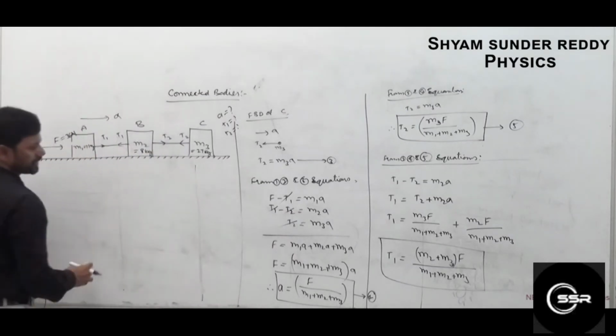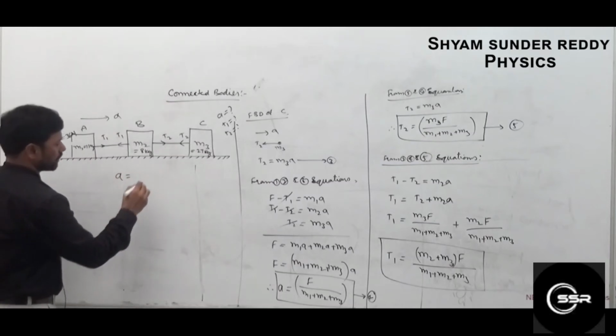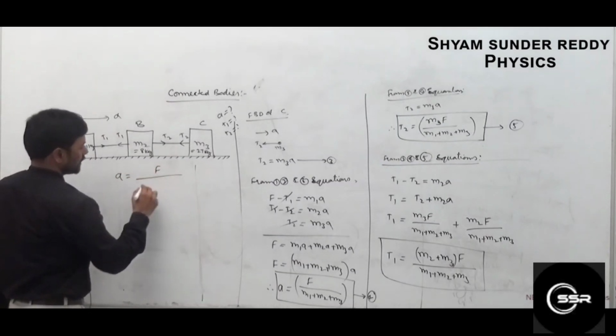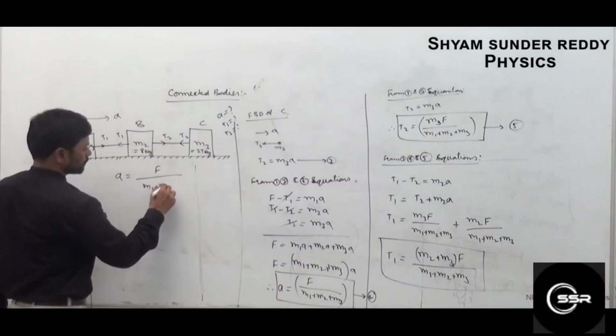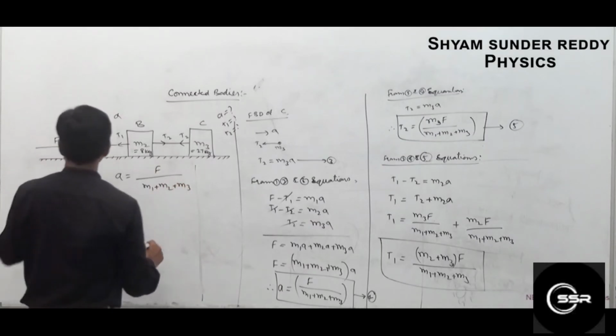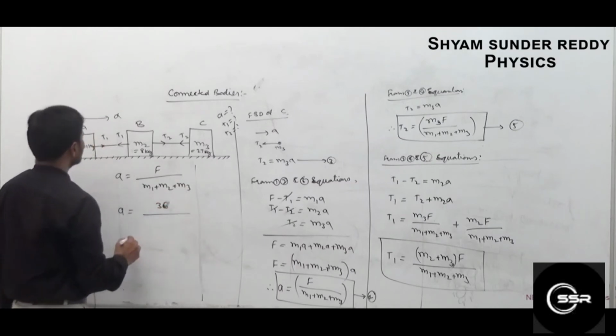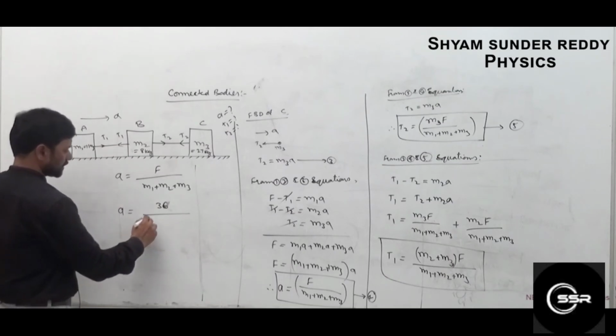Yeah. See that first, we want the A value. A is equal to what we have? F by M1 plus M2 plus M3. A is equal to, F is nothing but 36 newtons. M1 is 1 kg.